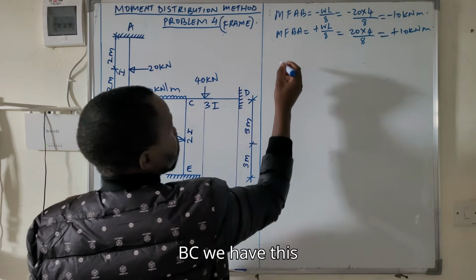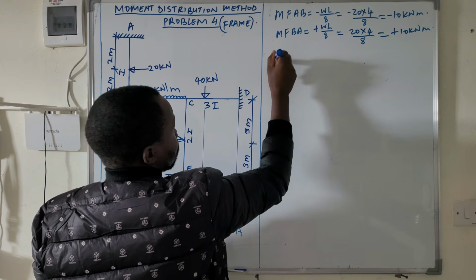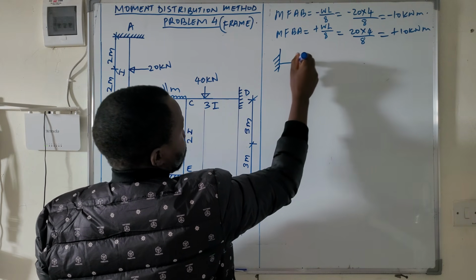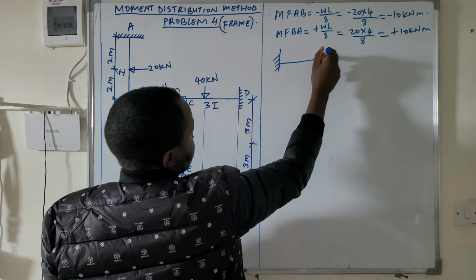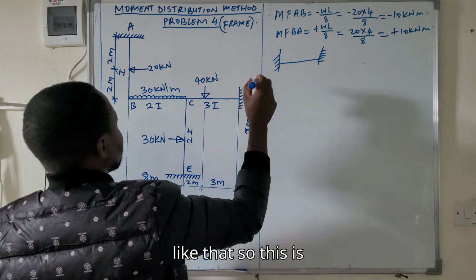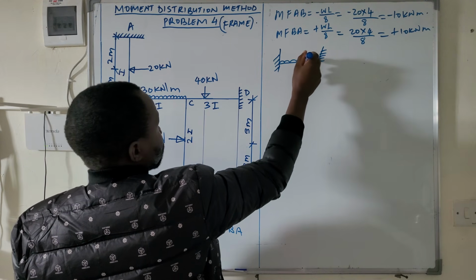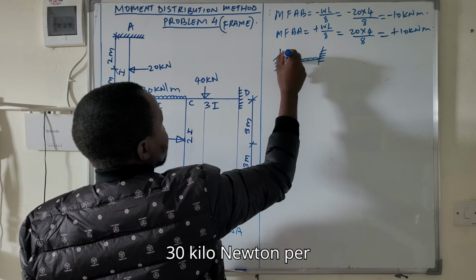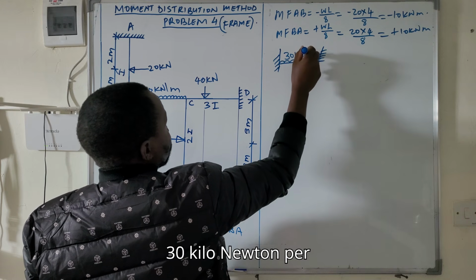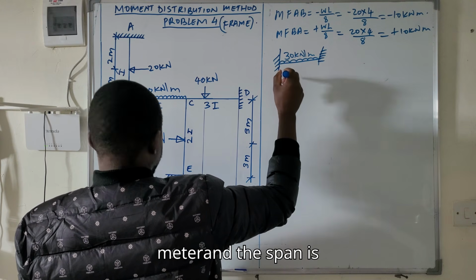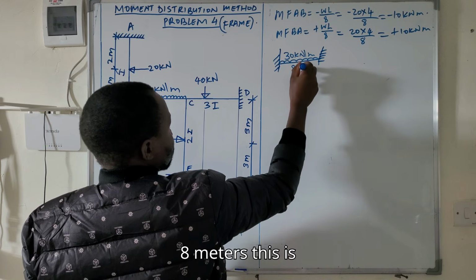BC, we have this, like that. So this is 30 kilonewton per meter. And the span is 8 meters.